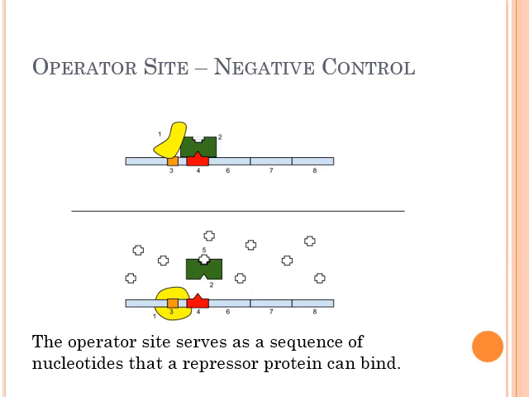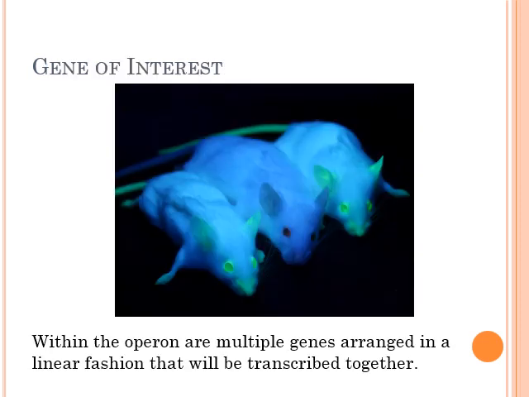You're going to have a site where there's negative control. What does negative control do? Stops it, slows it down. So you're going to have a sequence there that a repressor can bind to slow everything down. And then, of course, you have your gene of interest right in the middle, your coding sequence.